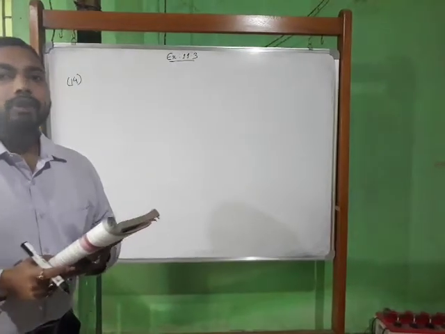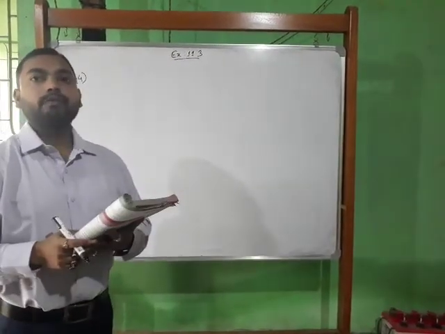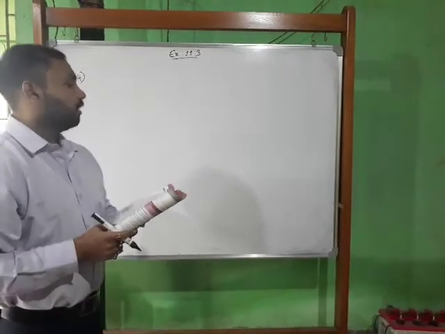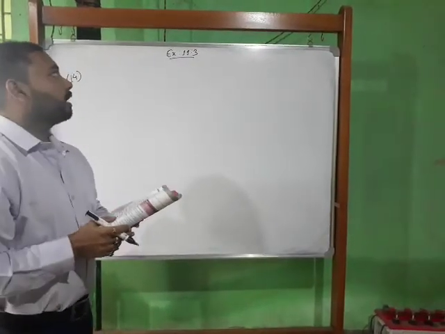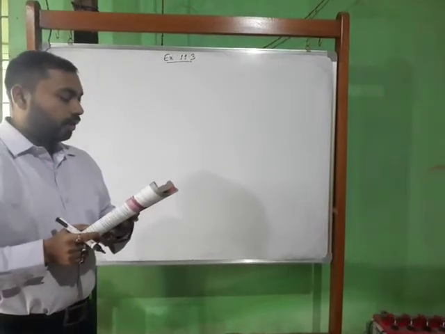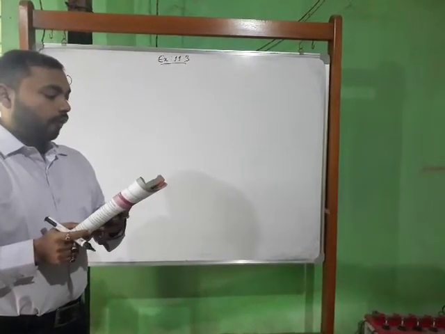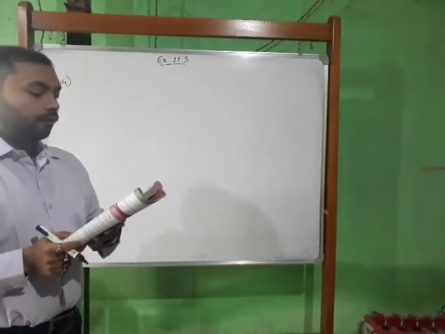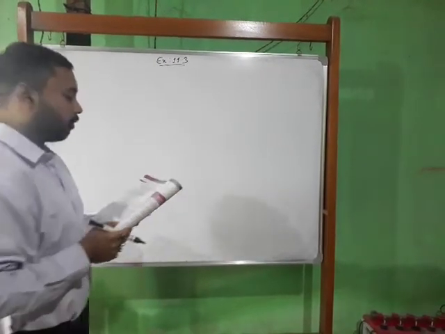Namaste everyone. As we are solving the problem of perimeter and area, let us today solve a few questions from exercise 11.3. The question is: a circular flower garden has an area of 314 meter square.